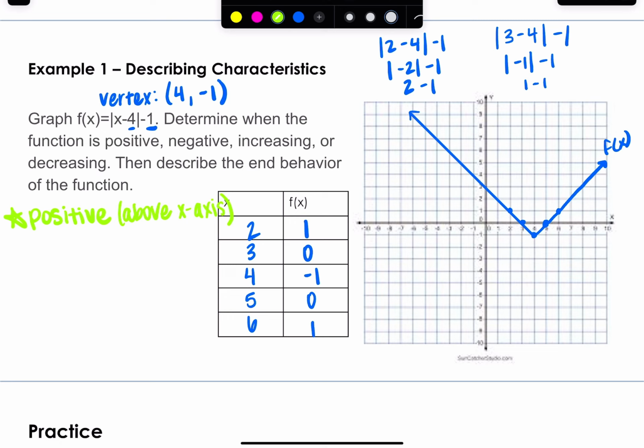So when I look at my graph and I'm looking at above the x-axis, I'm looking at this part of my function and this part of my function. So I'm going to identify those intervals. So this is when, for the left side, that's when x is less than 3. So from this point backwards.